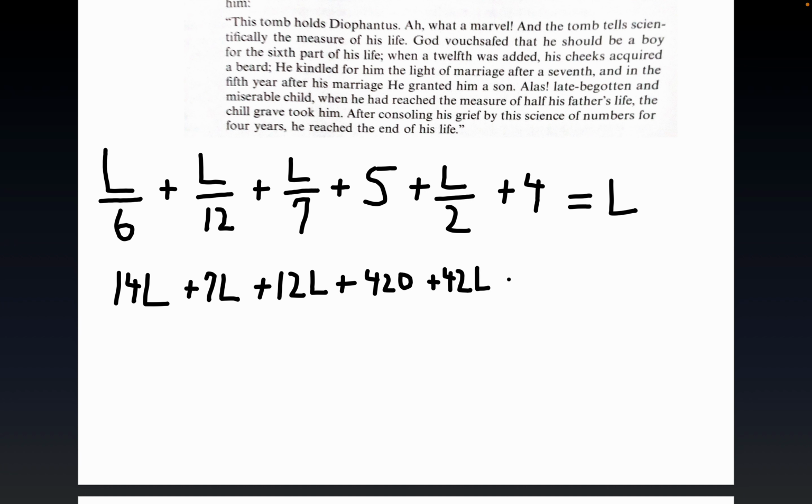Okay, and then 4 times 84 is 336. Okay, plus 336. I'm probably making mistakes on the arithmetic here, we'll see. 4 times 84 is 320 plus 16, which would be 336. And finally over here at the right, we get 84L.